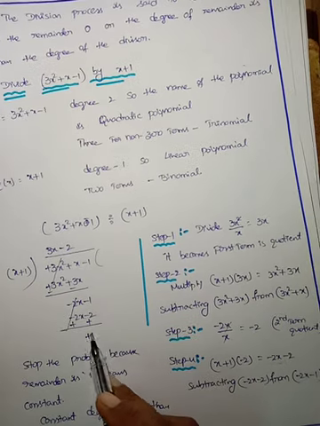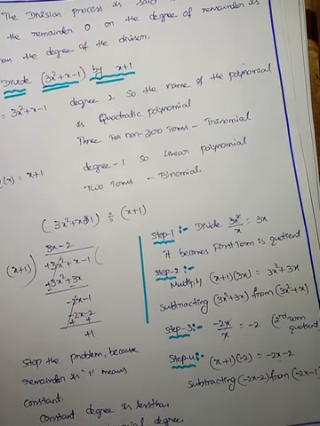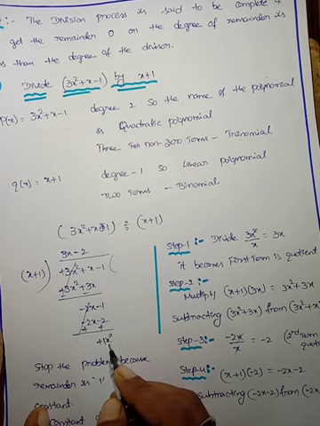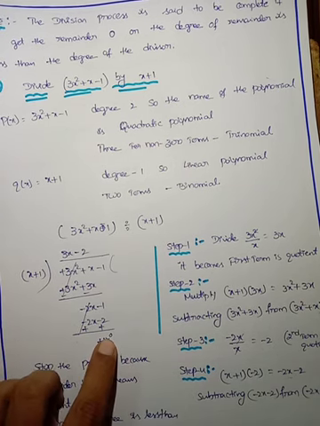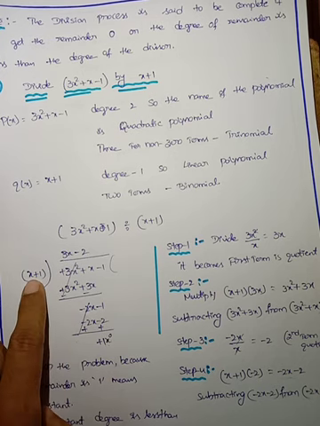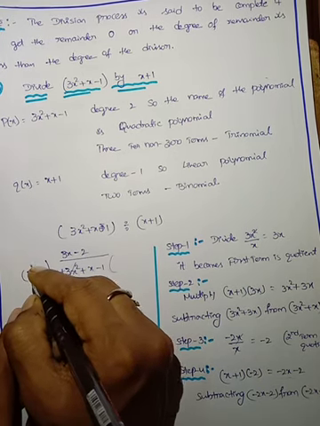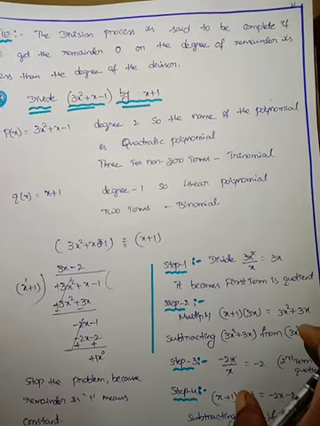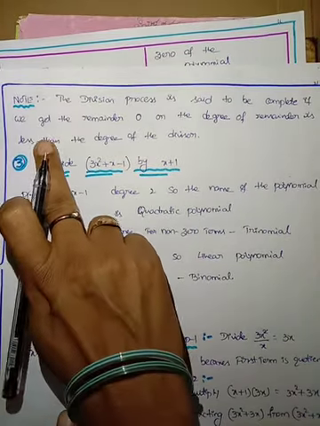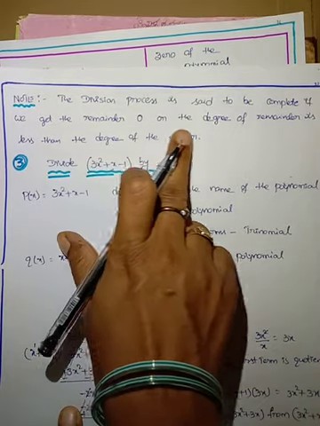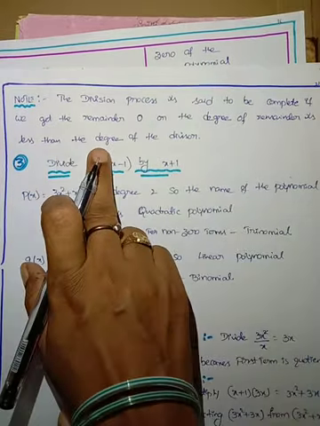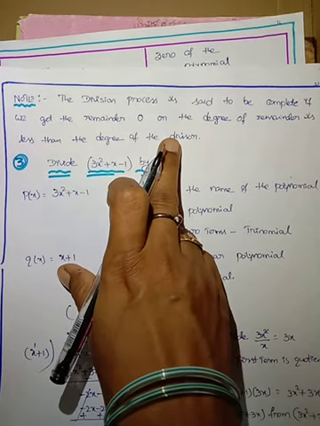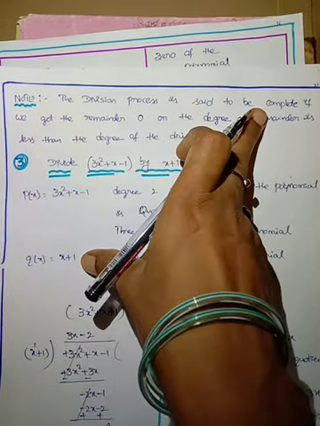So what is the remainder here? Constants. The degree of the constant is 0. The degree of the divisor here is 1, which means the degree of the remainder is less than the degree of the divisor. When the degree of the remainder is 0 or less than the degree of the divisor, then the division process is completed.